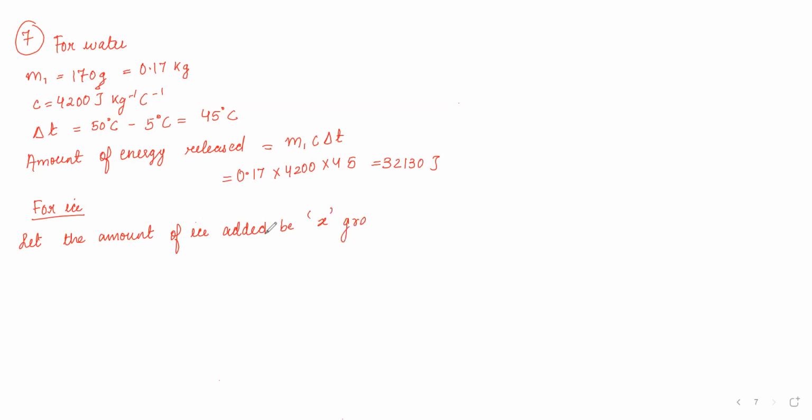So see, two things are happening, children. First, the ice, it has 0 degrees Celsius. It's coming to water at 0 degrees Celsius. Then this is converting to water at 5 degrees Celsius. So these are the energy conversions that you have to use.